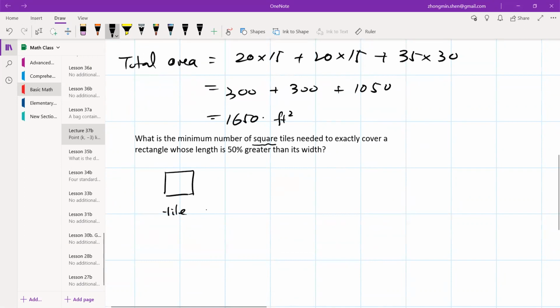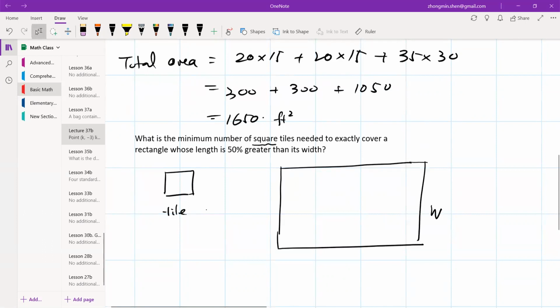So when a square tile, okay, then the dimension of the rectangle is not given at all. But what we know is the length is going to be 1.5 times the width, right?